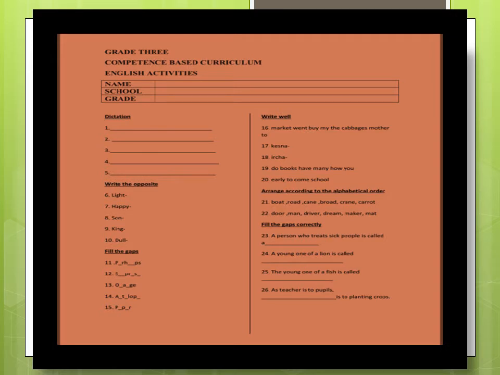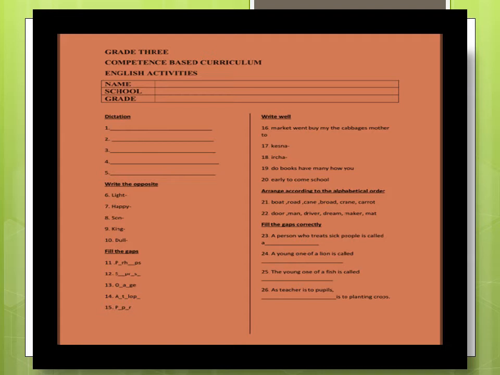The first word in alphabetical order is bot, followed by broad, then carrot, rod, cane, and lastly crane.